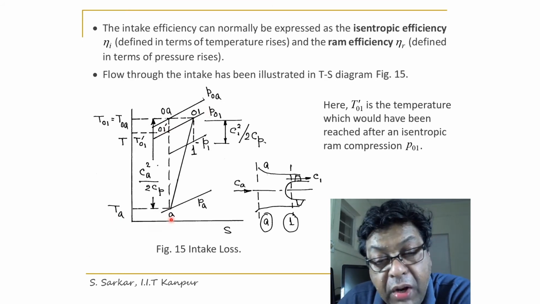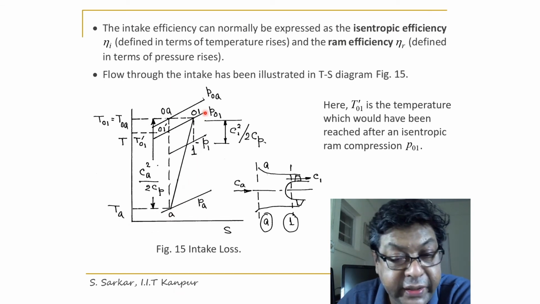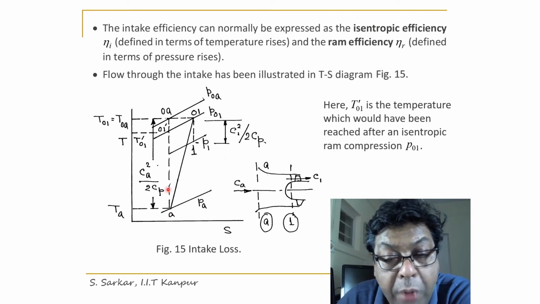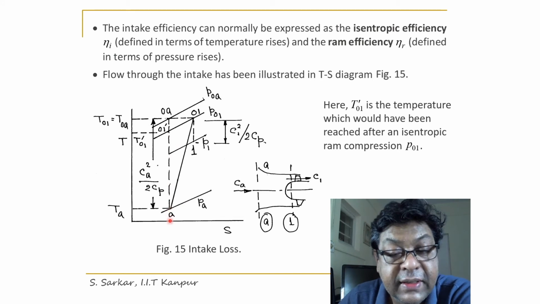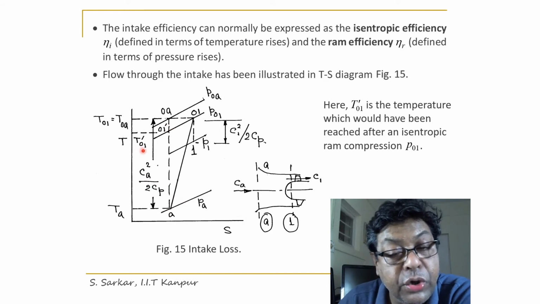So the actual diffusion of air has been indicated here by the firm line, and the corresponding isentropic diffusion is A to 01 dash, where the temperature is T01 dash.